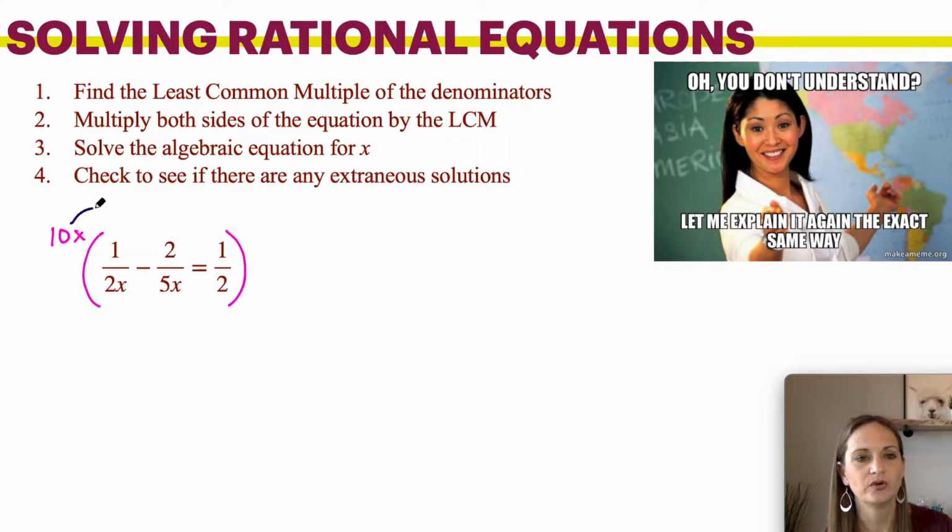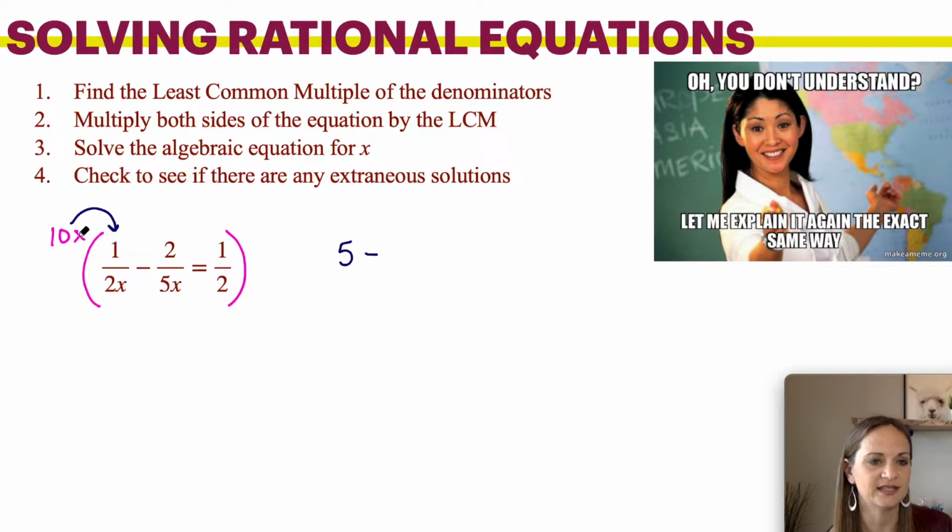You are going to multiply this 10x by each fraction. But first, you're going to figure out what reduces. So, x goes into x 1 time, 2 goes into 10 5 times, so 5 times 1 is 5.